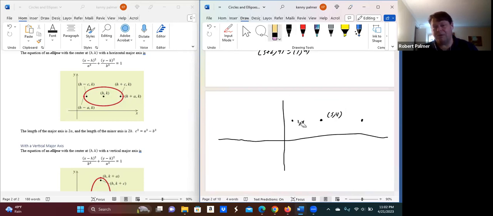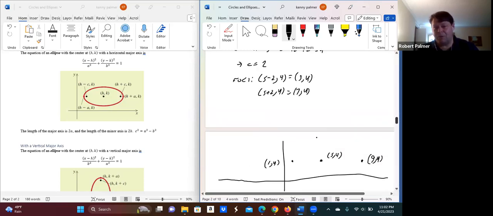Now our foci are going to be 3 and 4 and 7 and 4.